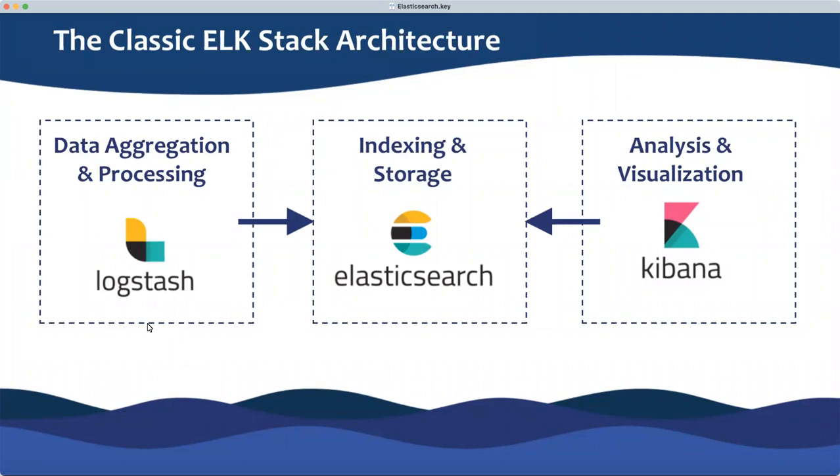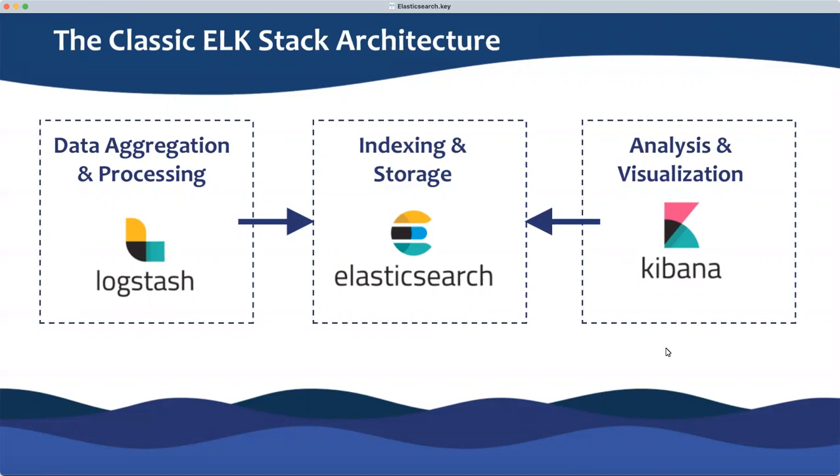And once we've collected all this data, this needs to be stored somewhere. So Elasticsearch acts as a storage mechanism. Basically, it provides storage for all these logs, and then it also indexes those logs so we can query them later. Now, Kibana can be used to actually analyze the log data that has been stored in Elasticsearch.